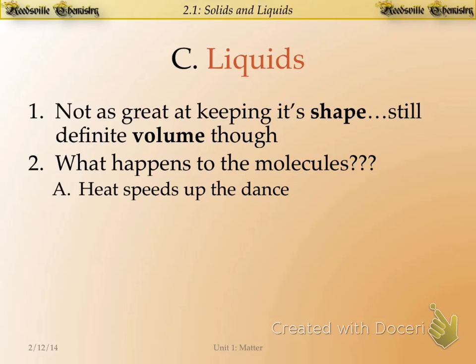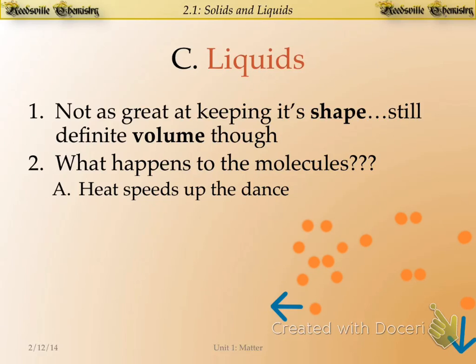But instead of that repulsion and attraction looking like this, that repulsion and attraction is going to start to look like this. The molecules are going to get further and further away. And pretty soon they're going to get so far away that they're not going to attract each other anymore.